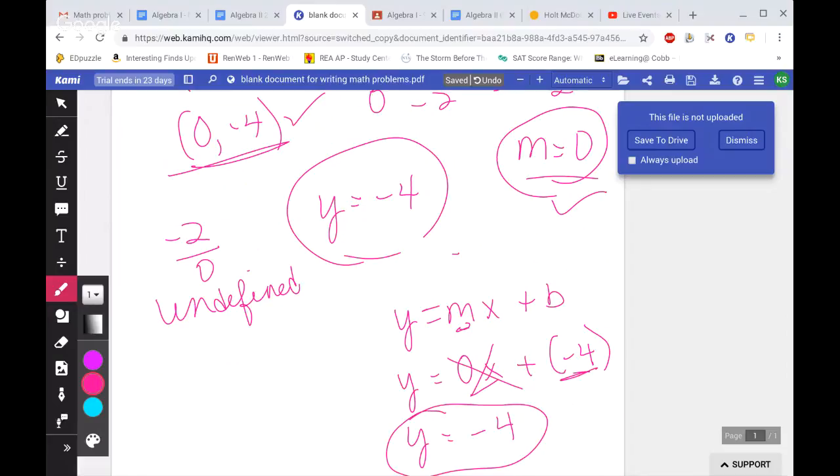So that's why I know that it's a horizontal line, because we also know a horizontal line has a slope of 0, because it's 0 fun to ski on a horizontal line. Does that make sense? Okay, good. Great question, though.